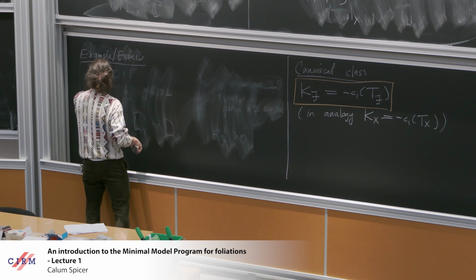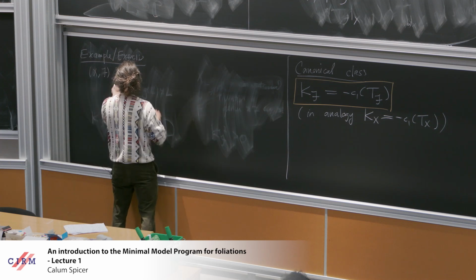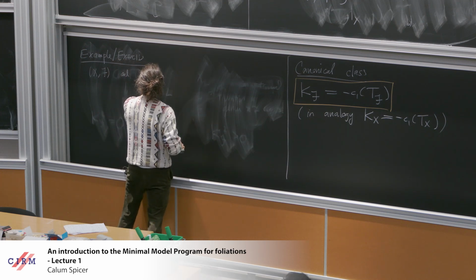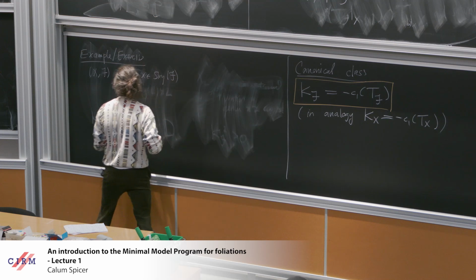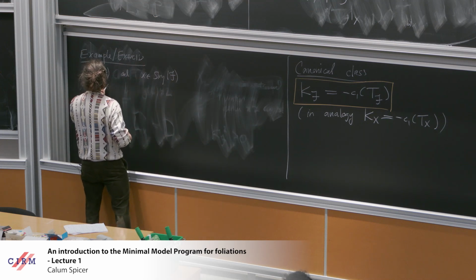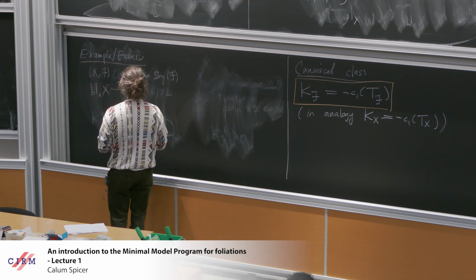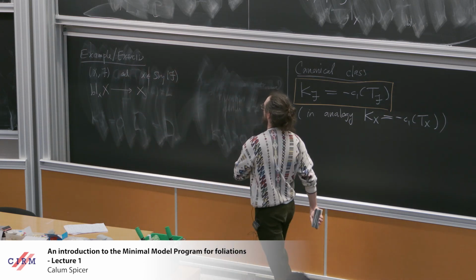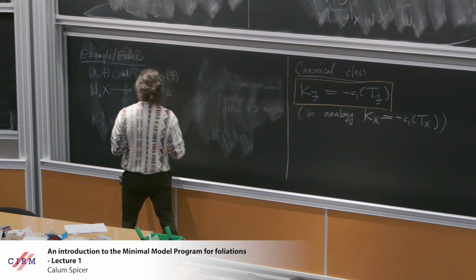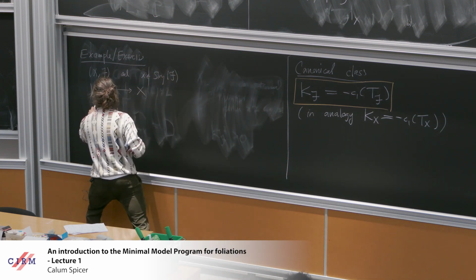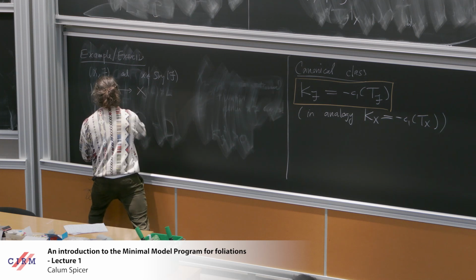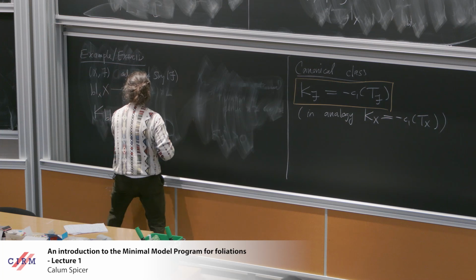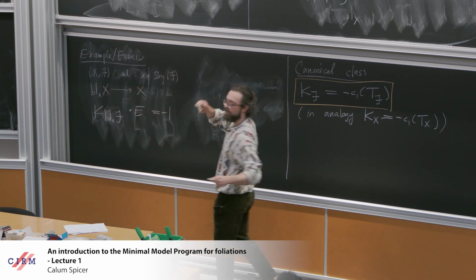If XF is a foliated surface, and x is not a singular point of the foliation, and we blow up x, then KF', or K of the blow-up of F, dotted with the exceptional curve, is equal to -1.